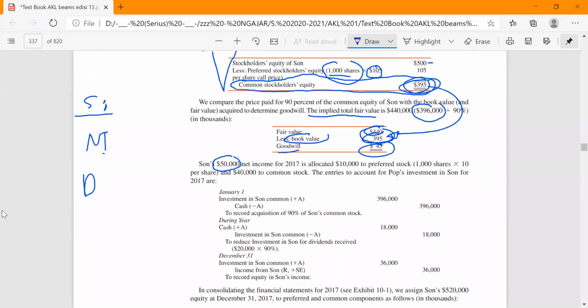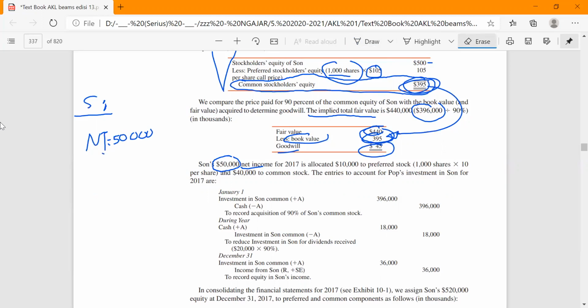Okay, maybe we focus first on the calculation of the net income. Okay, so the net income is $50,000. Yeah, I will erase this.